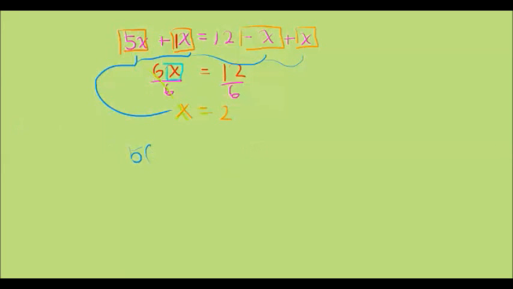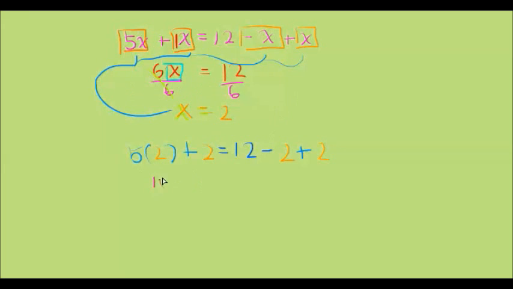So I'm going to say 5 times 2 plus 2, the value of x, is equal to 12 minus x, which is 2, plus the value of the variable x, which is 2. So now I just have to solve this equation to see if it makes sense, to see if x equals 2 is a solution to the equation.